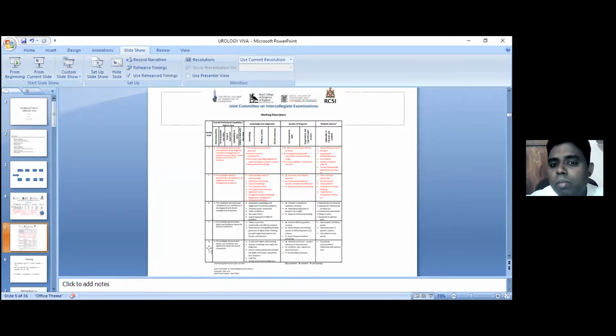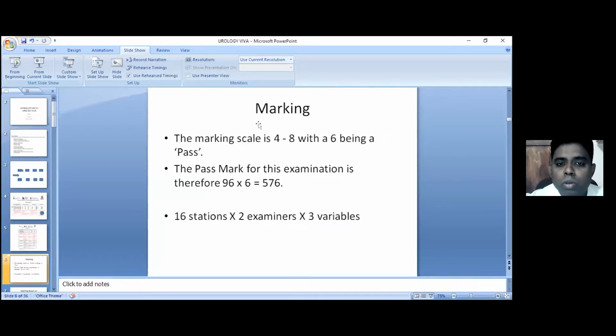Now you have to remember, even if you get a 4 in one station, you can compensate. That's an important thing, right? Because the other examiner doesn't know about your performance. So the marking scale is from 4 to 8, and 6 is the pass mark.